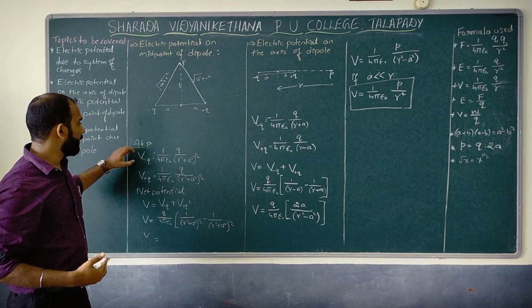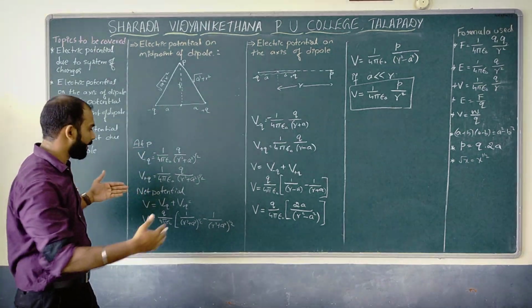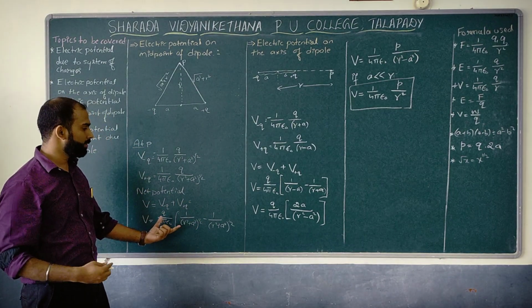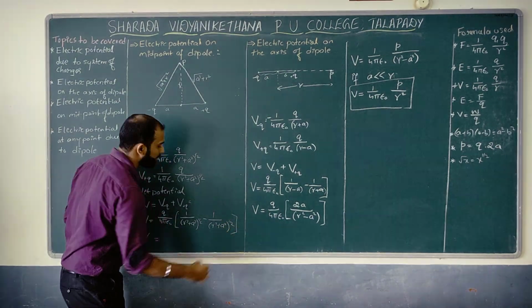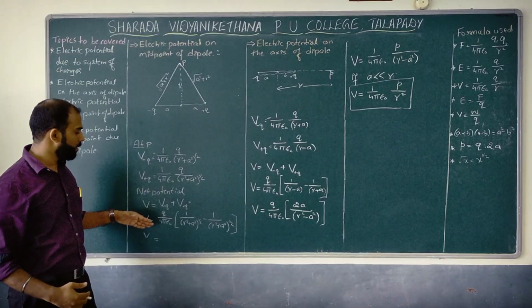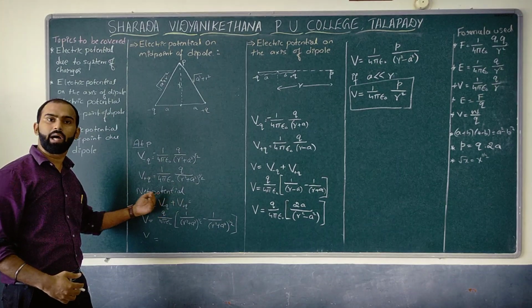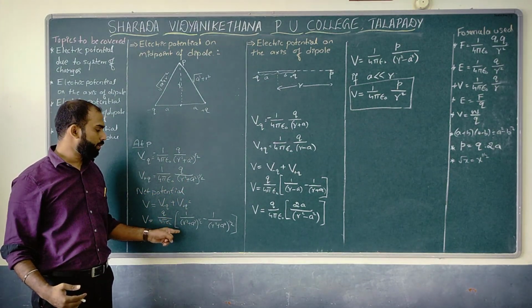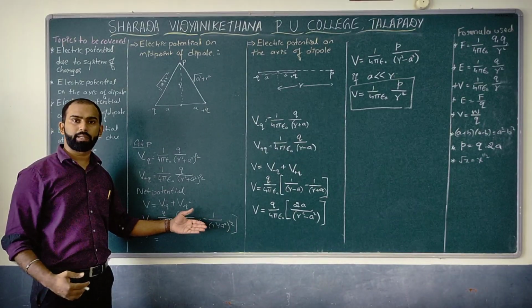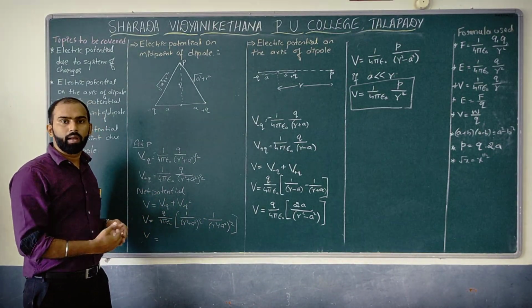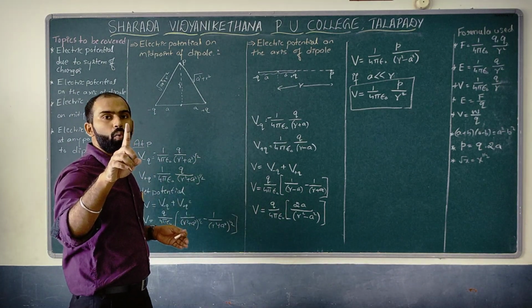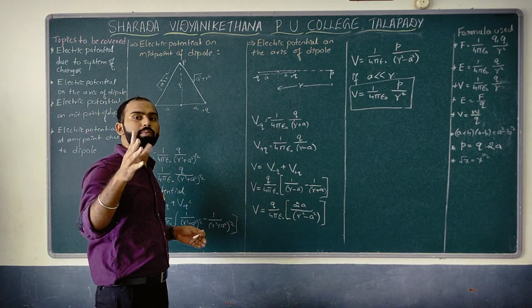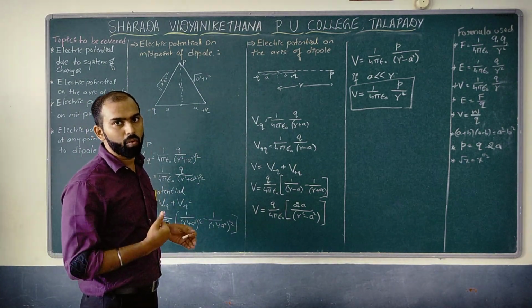So V minus Q plus V plus Q, if I add these, what is the common term I can expect? What is the common term? 1 by 4 pi epsilon naught along with Q. If I take it out, what is there inside the bracket? Don't you think these two are equal and opposite terms inside the bracket? As you know, 1 minus 1 is nothing but 0.